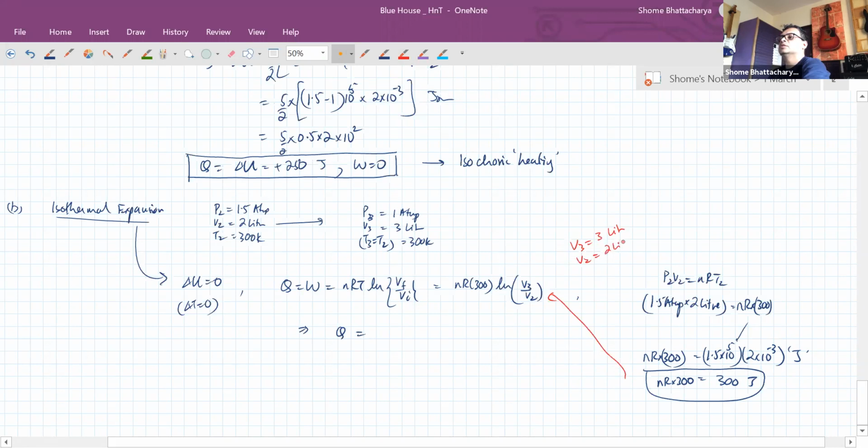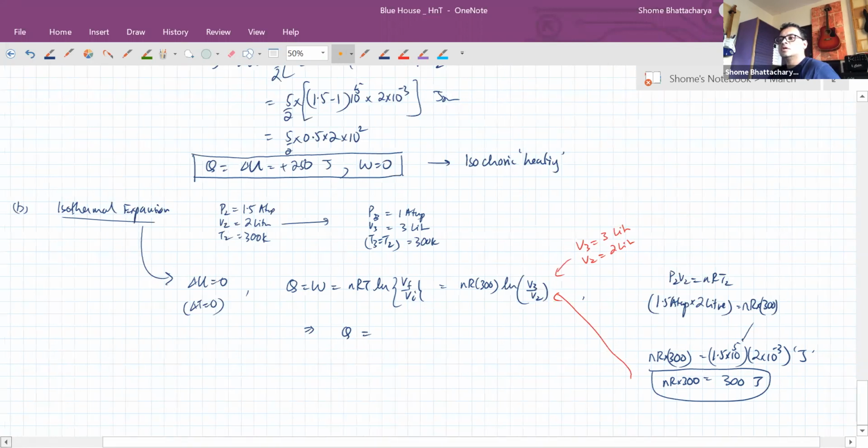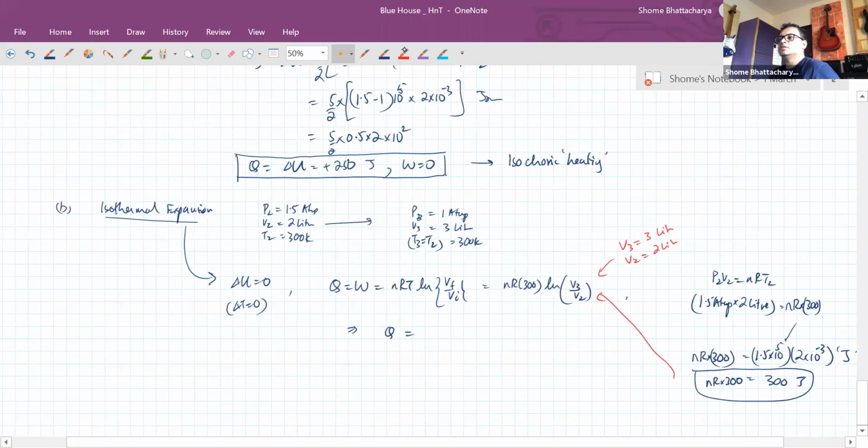V2 is equal to 2 liters. The value of nR into 300 will be 300 joules, but then we have to multiply it with that log factor. So 300 joules multiplied with ln of 3 by 2. So 300 ln 3 by 2.